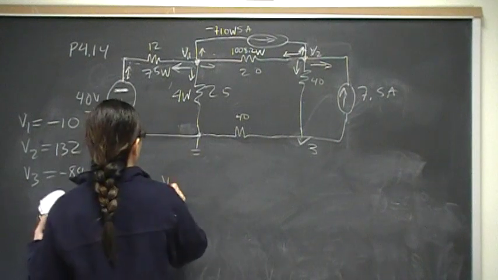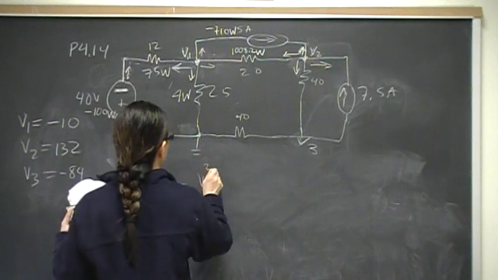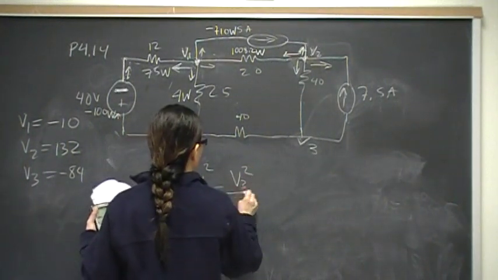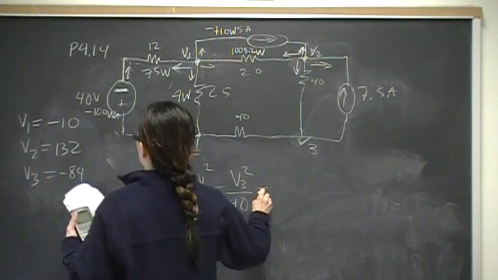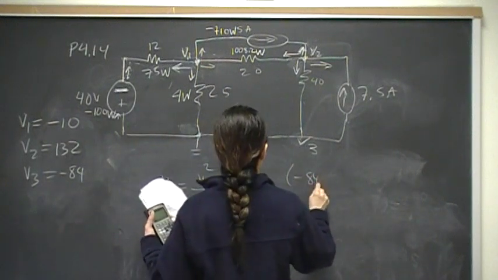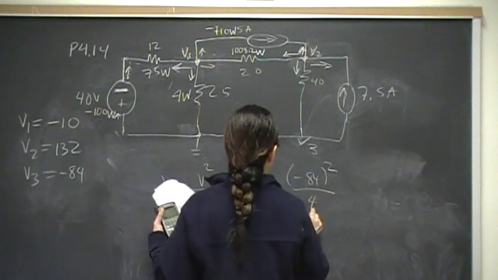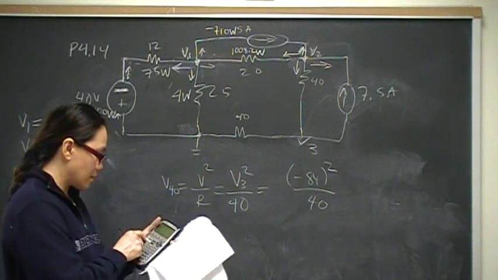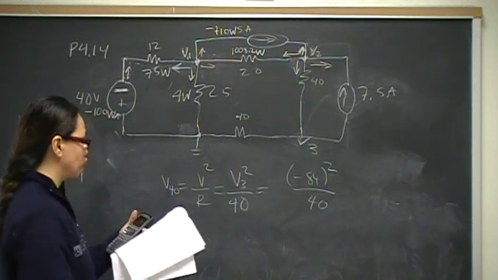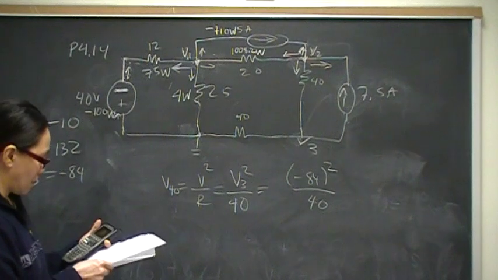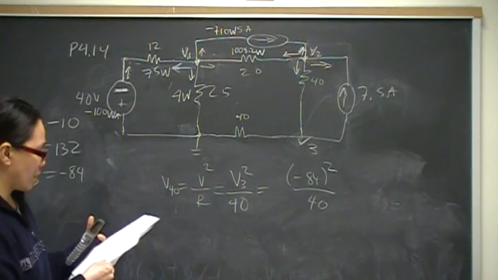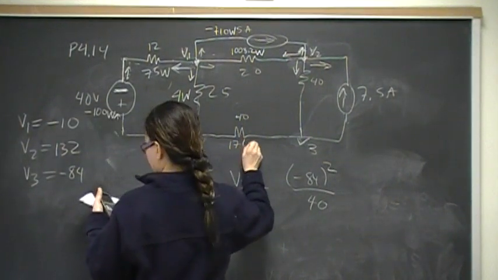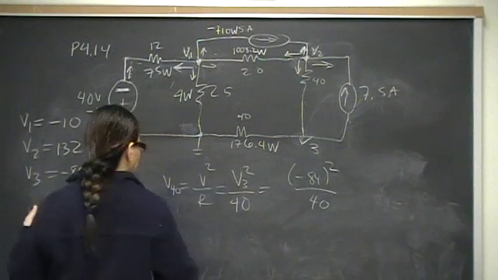This one, V40, is going to be V squared over R, which is going to be V3 squared over 40, which is negative 84 squared over 40. So 84 squared over 40. Okay, so then this gives me 176.4 watts.